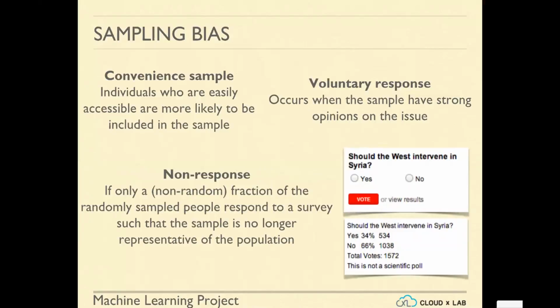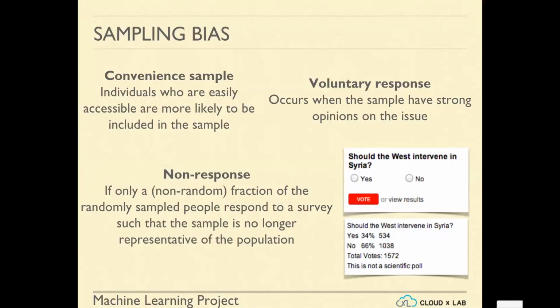First is convenience sampling bias. What it means is that the people who are easily available to give you answers, their data comes in more. So you end up with skewed data from those individuals who were available to give you the answers. Convenience bias is quite common. The other is voluntary response bias.